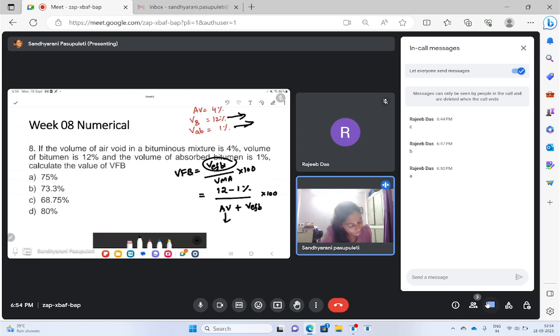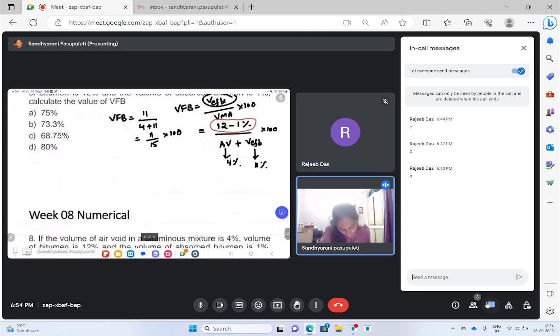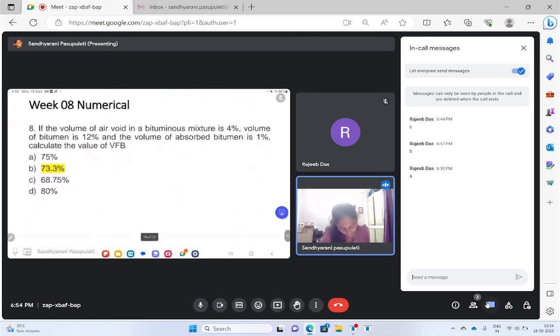The air voids are 4%, and the effective bitumen is 11%. So VFB would be 11 divided by 4 plus 11, that is 11 by 15 into 100, which is around 73.3%.